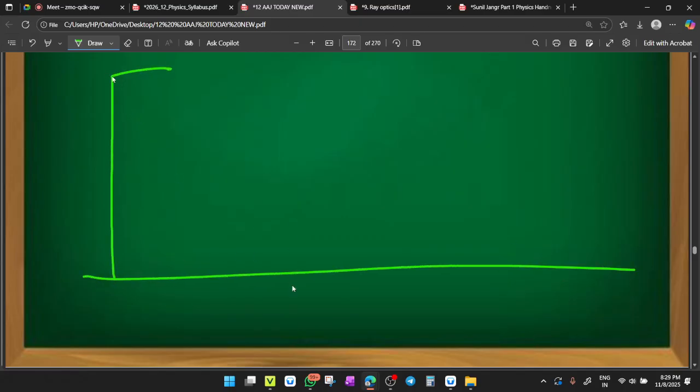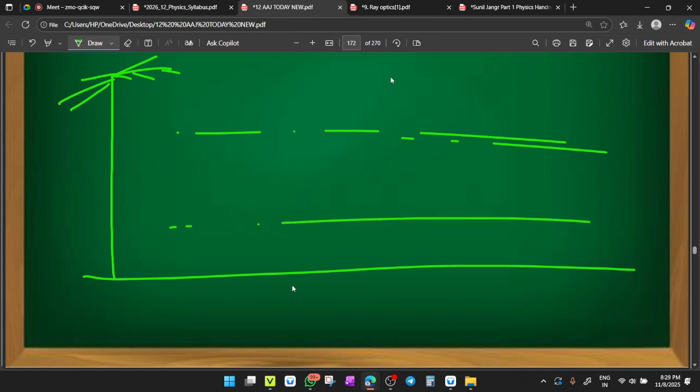Here is a tree. Now there is a huge layer of air. Above, the temperature is less, so here the air is dense, and here the air is rare. The medium near the earth is rare because the earth is warmer in the time of summer.